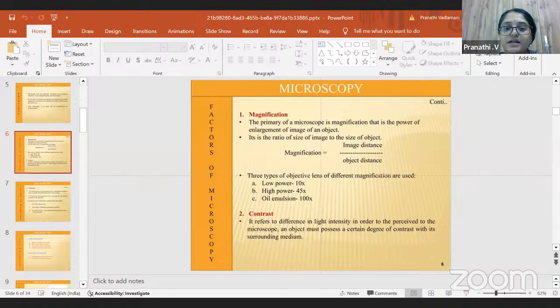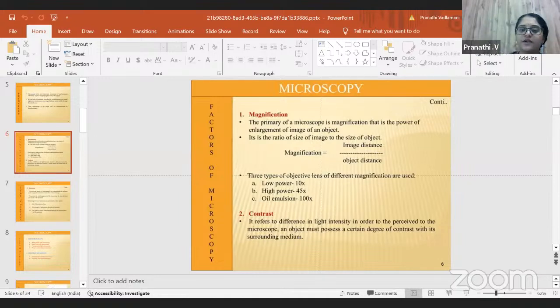Magnification is the power of enlargement of an image of an object. It is the size of the image to the size of the object that you're seeing, basically. So magnification is the image distance divided by the object distance. You can see the image with your eyes from the eye lens, and then the object distance is how far it is.